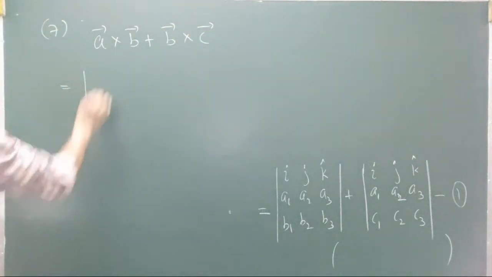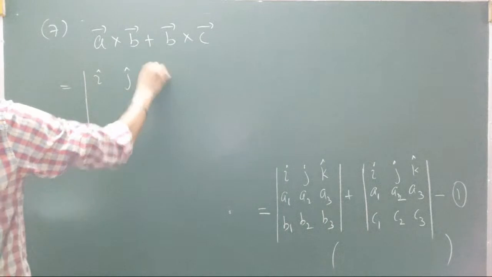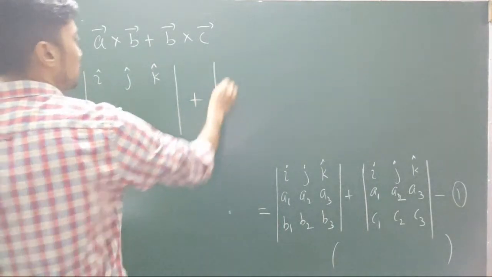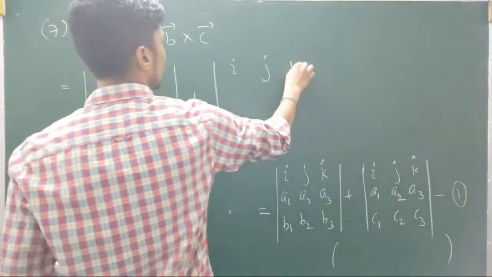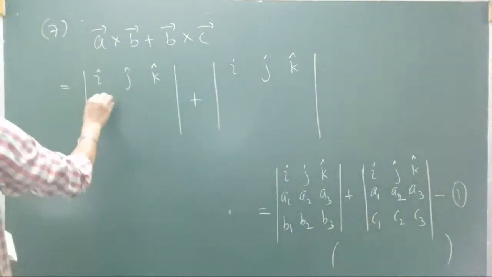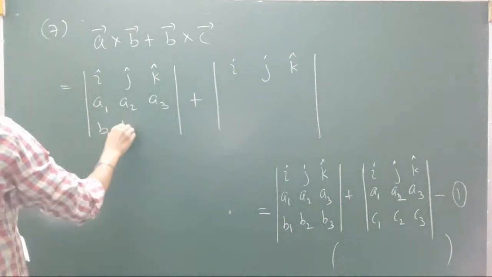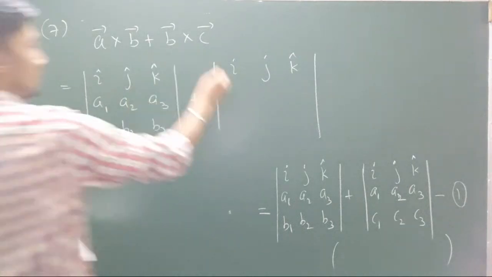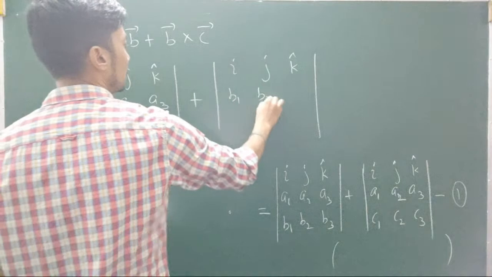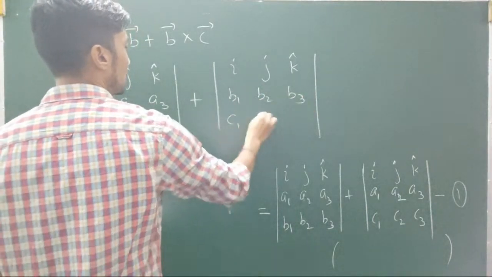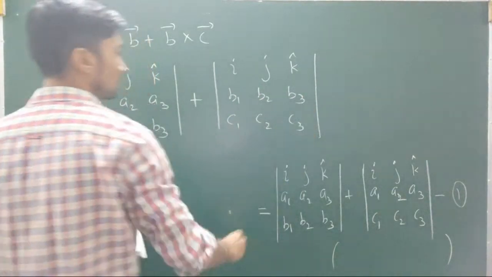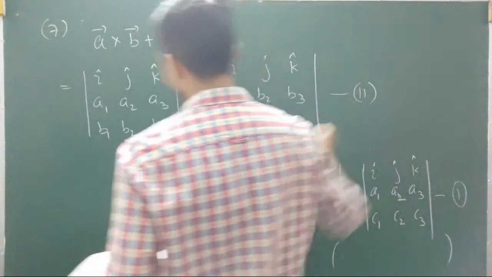Now, if you go for A cross B, I, J, K, plus B cross C, I, J, K. Now A cross B, so components of A: A1, A2, A3, components of B: B1, B2, B3, B cross C, components of B, components of C. Now there is nothing to do there.